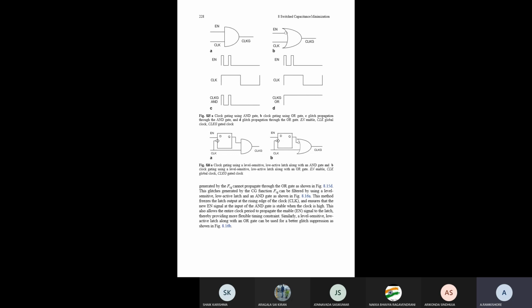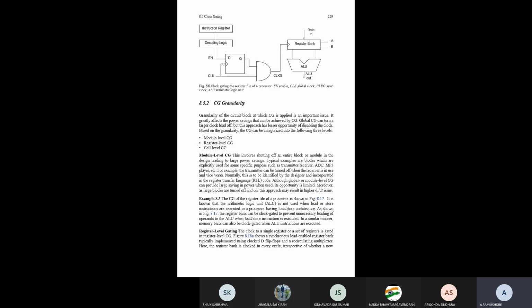In clock gated circuits, we also have different types of granularity. The granularity of the circuit block at which CG is applied is an important issue, as it greatly affects the power savings that can be achieved by CG.